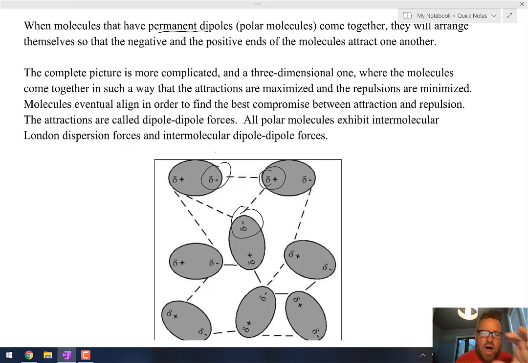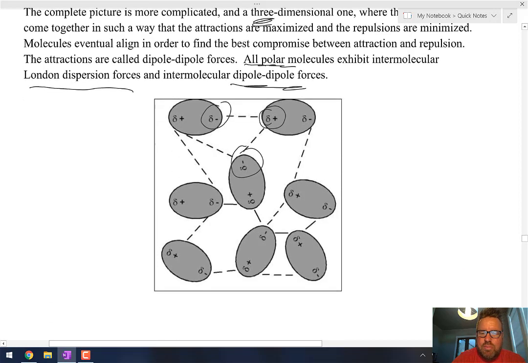Obviously I'm drawing this on a two-dimensional surface, and gases are traveling in three dimensions, so it's hard to show what's behind, but it's the same concept: the positive end of one polar molecule is attracted to the negative end of another molecule. So all polar molecules exhibit two types of intermolecular forces, London dispersion and dipole-dipole forces.